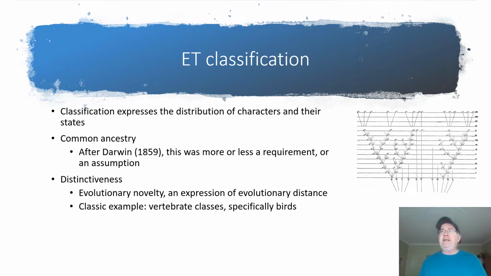And I don't think there would be anyone who would argue that there had been much more anagenetic change along the lineage that leads to modern birds than there had been in the other lineages that were also at one point classified as reptiles. That's not under contention.